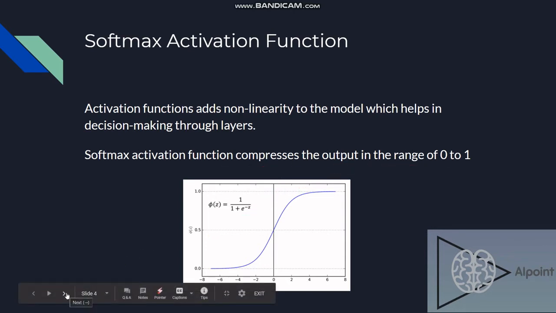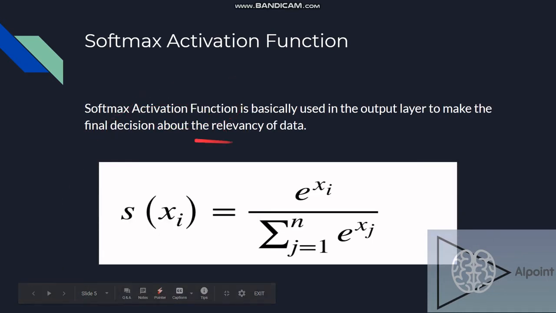Moving on to the next slide. The next slide is of the actual softmax activation function. This is mainly used in the output layer, because it is very accurate in the output layer to make the final decision about the relevancy of data. So this is the output. This is the mathematical expression for the softmax activation function.